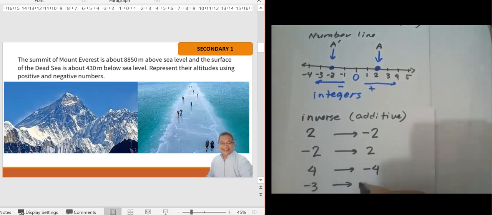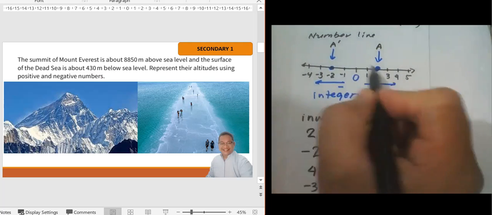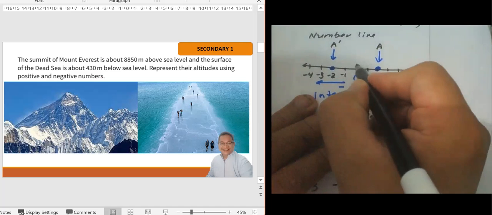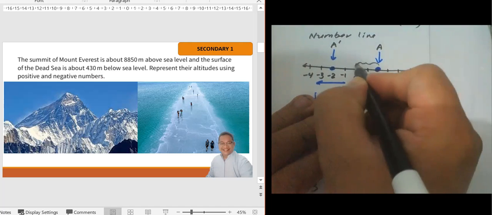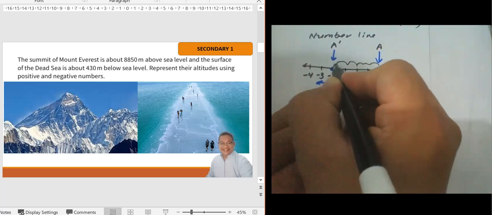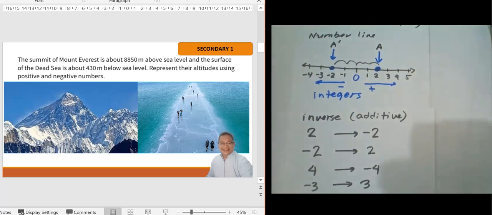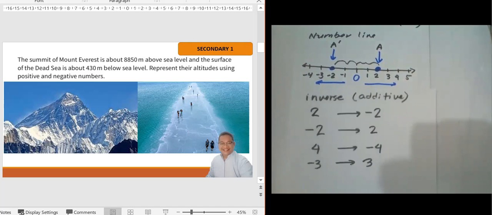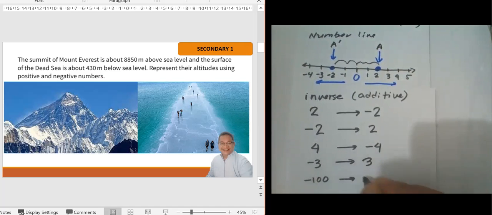The inverse of -3 is 3. Why is that so? Because they have the same distance from the origin. That's why they're inverses of each other. Now, what is the inverse of -100? Definitely the inverse is equal to 100.